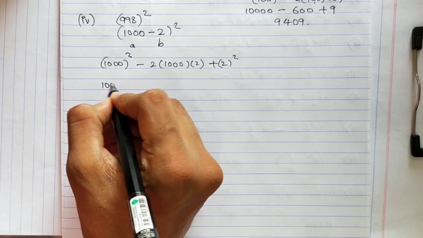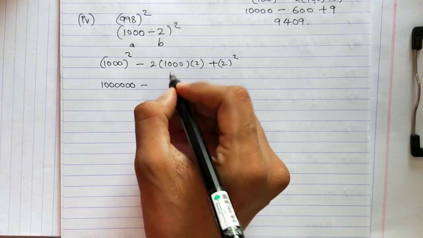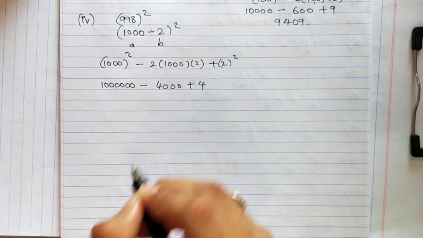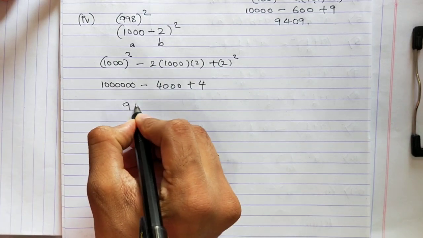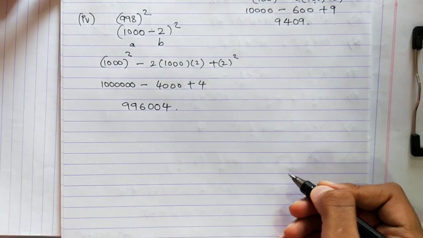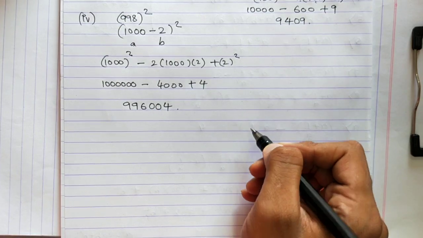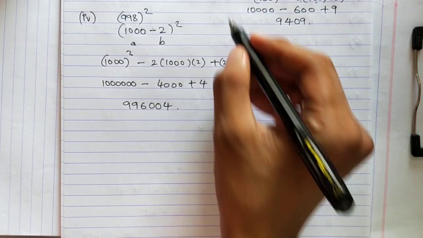Okay, so 1000 square is 6 zeros, then this is 4000 plus 4. The final answer will be 996,004 after subtraction and addition of this 4. Okay.